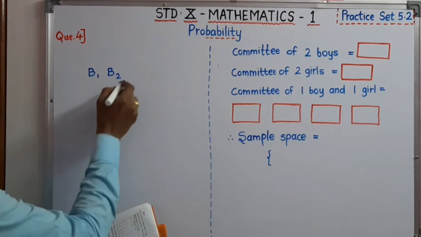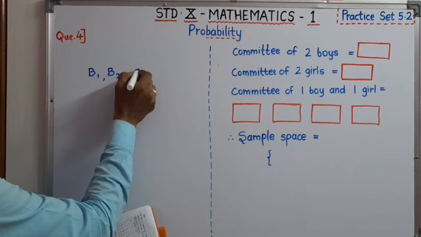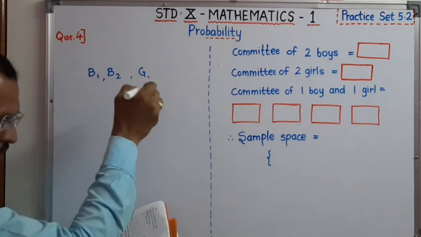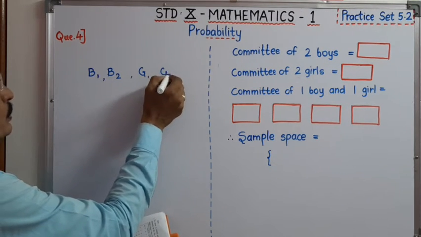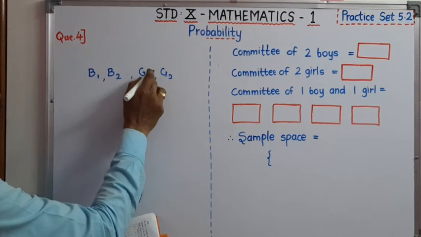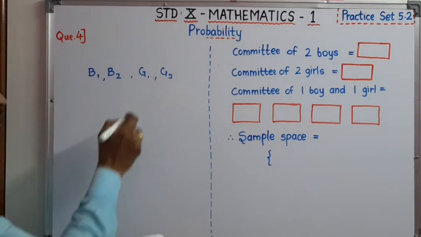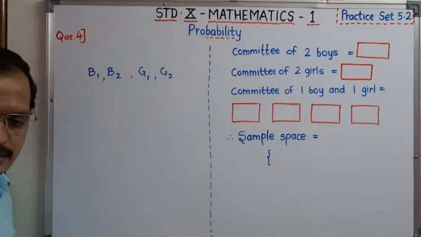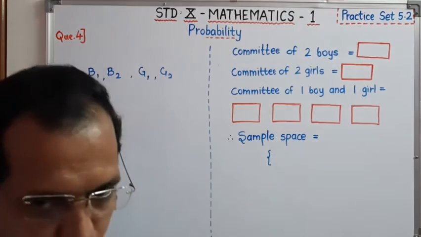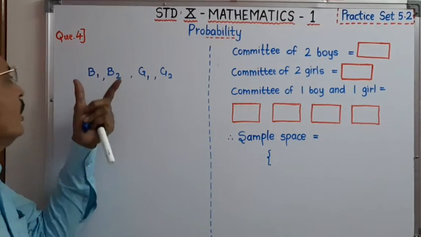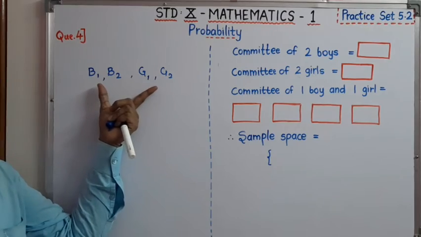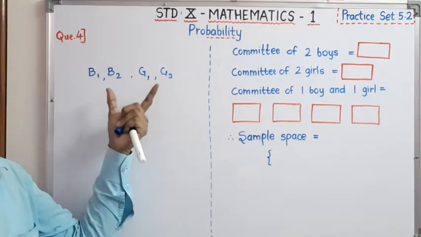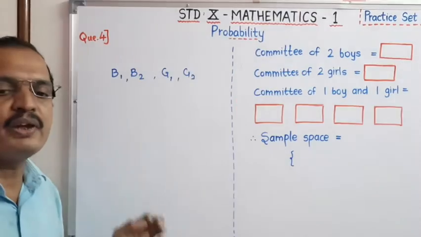Then 2 girls are there, G1 and G2. In this case, 2 boys and 2 girls are there. There are total 4 students. From those 4 students, we have to make the committee of any 2.